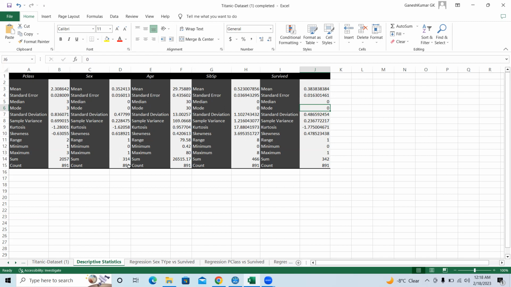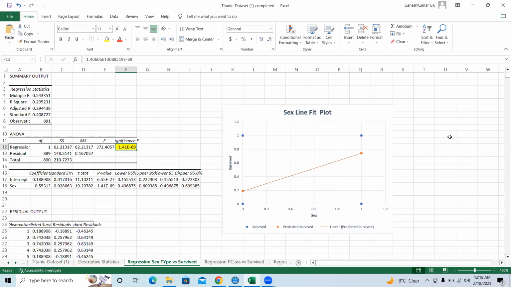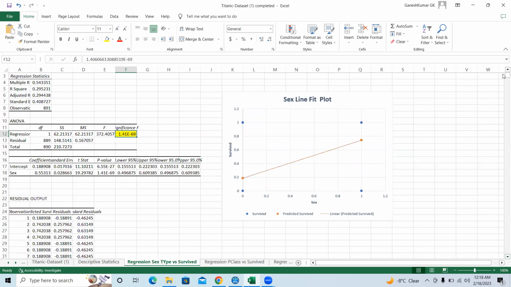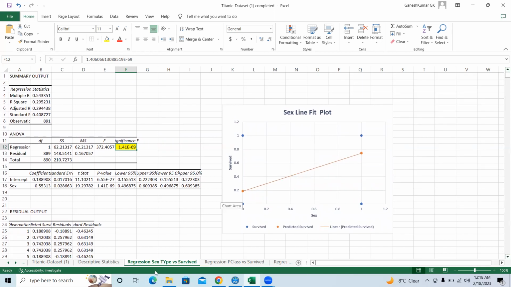That's all about the descriptive statistics. Now, about the linear regression analysis with survived as the dependent variable, I told you earlier that zero is male and one is female. We can see that the survival rate is higher for females when compared to males.